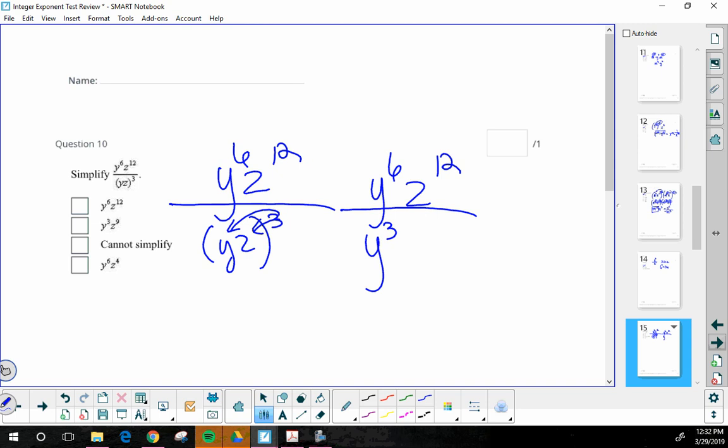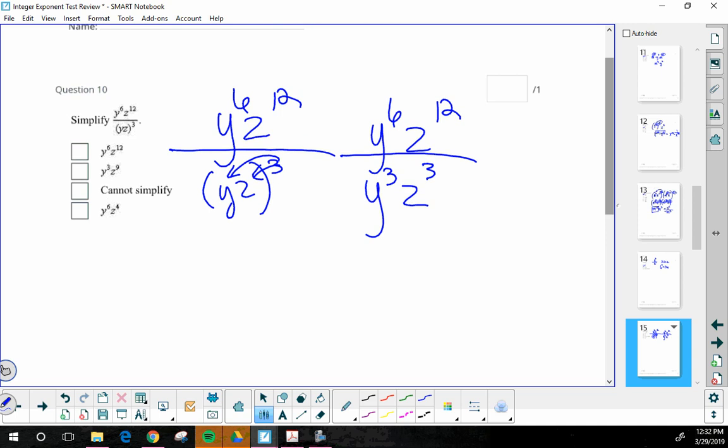Now I'm at y to the 3, z to the 3. And now that I have those like this, when I subtract these exponents, that's going to leave me with y to the third. And I subtract these exponents, that's going to give me z to the 9th. And so that is this answer.